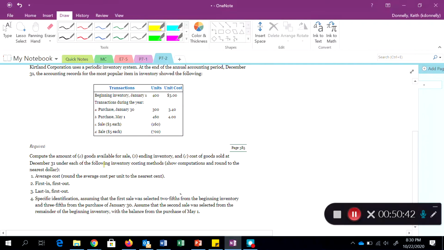So what they want from us is our ending inventory, our cost of goods sold, our goods available for sale, and they want us to do that under the average cost method, FIFO, LIFO, and specific ID. So we got average cost, FIFO, LIFO, and specific ID.